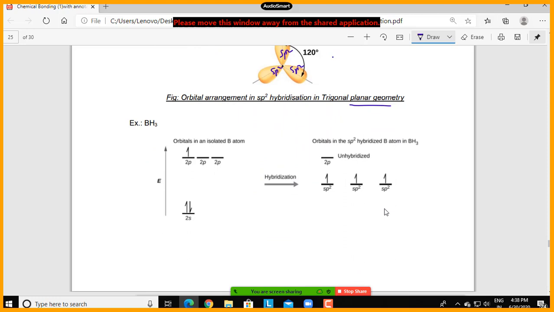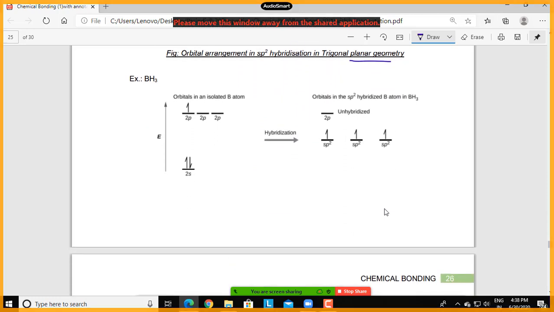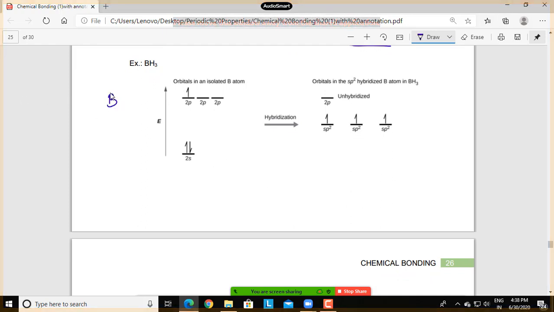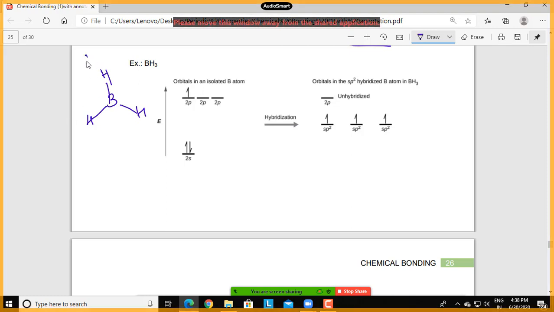नेक्स्ट देखते हैं formation of BH3 molecule. Suppose BH3 is there, so you will get boron trihydride BH3 like this. So boron is having valency shell 3 electron.